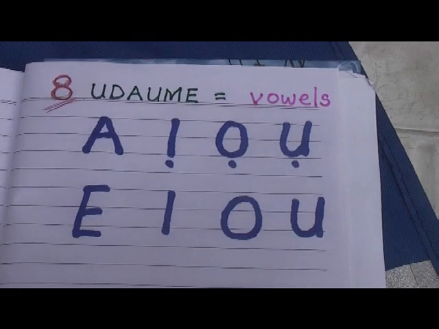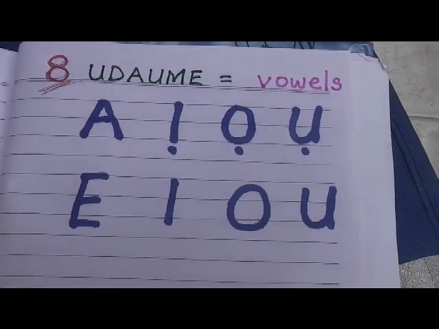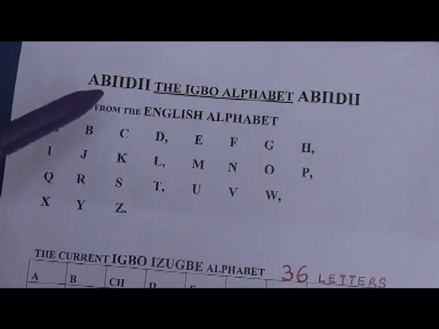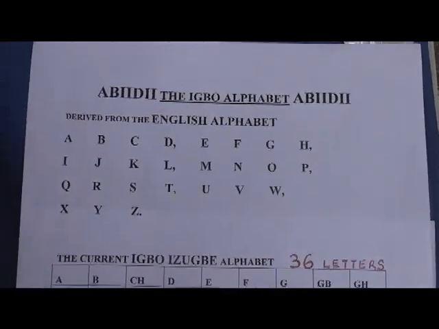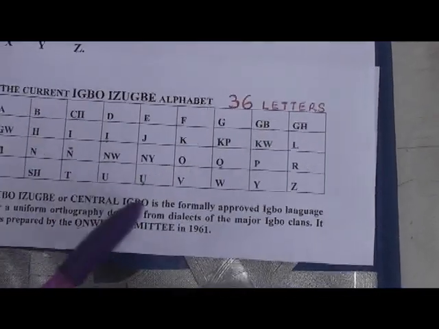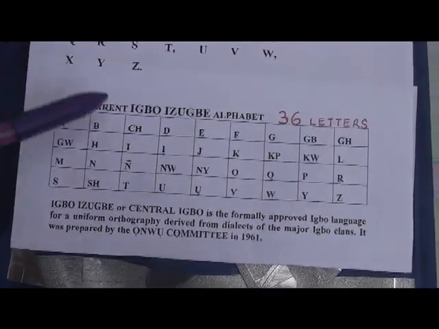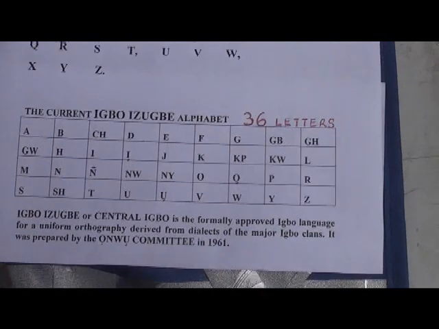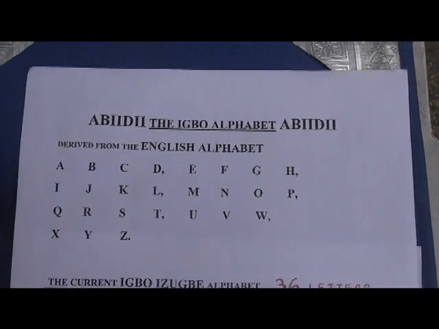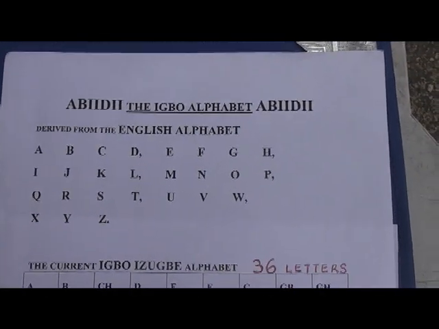Without vowels, we cannot pronounce any letter in Igbo language. Even though the English alphabet gave rise to the Igbo Izugbe alphabet, please don't make the mistake of pronouncing the Igbo alphabets as if you are pronouncing the English alphabet. These are 2 different languages.